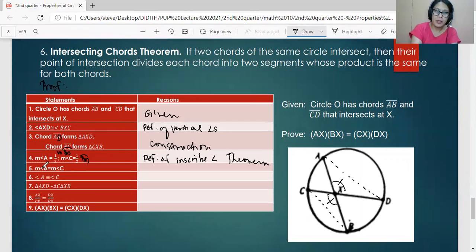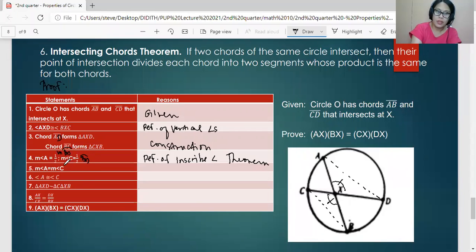Now, measure of angle A equals measure of angle C. So if, again, from the previous statement, measure of angle A equals 1/2 measure of arc BD, we assign, for example, the left side equals A here, while this one is B. And then measure of angle C, we assign this as B, while this is C also.